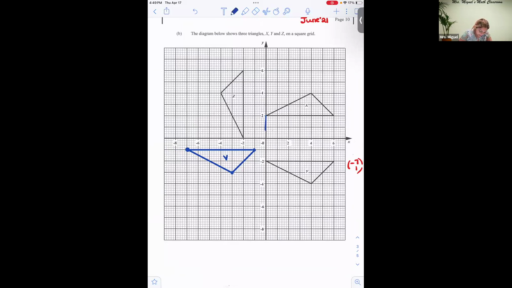You're drawing a line from this to 0 and you're finding 1/2. That's the first point. Then you're drawing a line from here to here and you're finding 1/2 of that line. And you're doing the same thing. You're finding 1/2 of those lines and that will be your triangle that has been enlarged by a half.